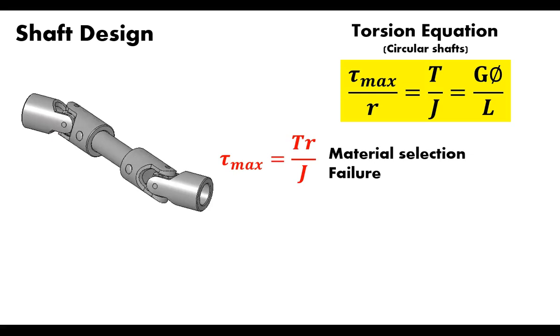If we know what the maximum shear stress is, and we know what our concern is with failure, we can use this equation to understand what the maximum shear stress we can design to is, what torque we're going to expect based on the amount of power and the rotational speed. And from there we can start to figure out what the polar moment of inertia or the inner diameter should be.